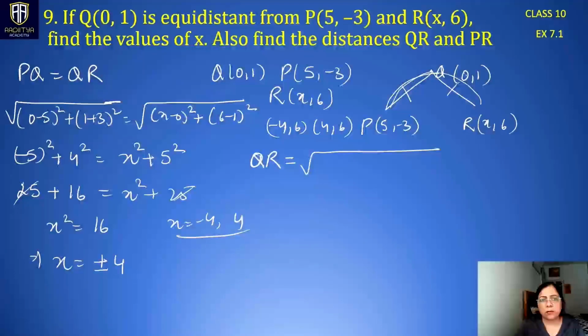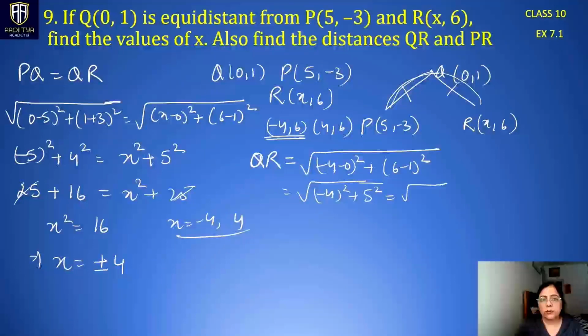What is R? I am taking this as the first one. Negative 4 minus 0 square. Then 6 minus 1 square. So we have minus 4 square added to 5 square. That means 16 plus 25 is root 41.